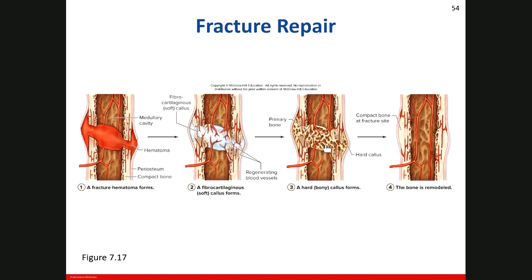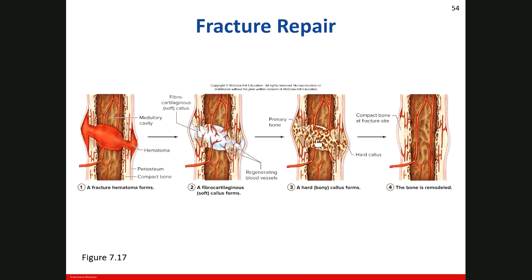The trabeculae of the hard callus continue to grow and thicken for several months. And then we have remodeling of the bone. Remodeling is the final phase of fracture repair. The hard callus persists for at least 3 to 4 months as osteoclasts remove excess bony material.